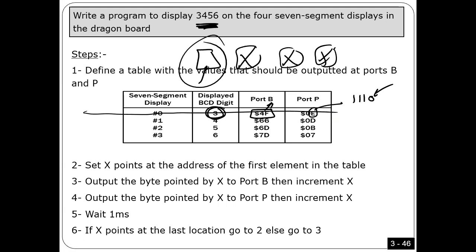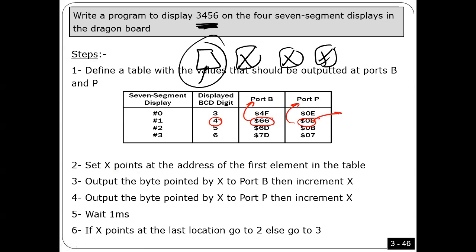In the first iteration, I'm going to put this value on port B and this value on port P. In the next iteration, I'm going to put this value here, 66, which can display 4, in port B, and then I'm going to put this one in port P.